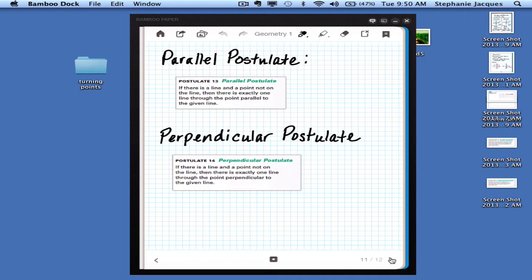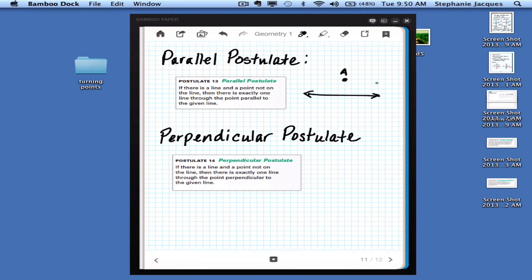Postulate 13 is the parallel postulate. If there is a line and a point not on the line, so let me give you an example of that. So we have a line like this, and then we have a point that is not on that line. It's right up here. And let's call it point A. Then there is exactly one line through the point parallel to the given line.